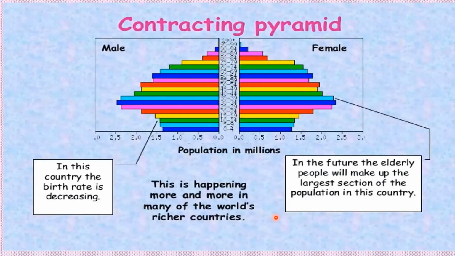Contracting pyramid, or contracting population. These pyramids are often characteristic of developed nations, where birth rates are low and overall quality of life is high.